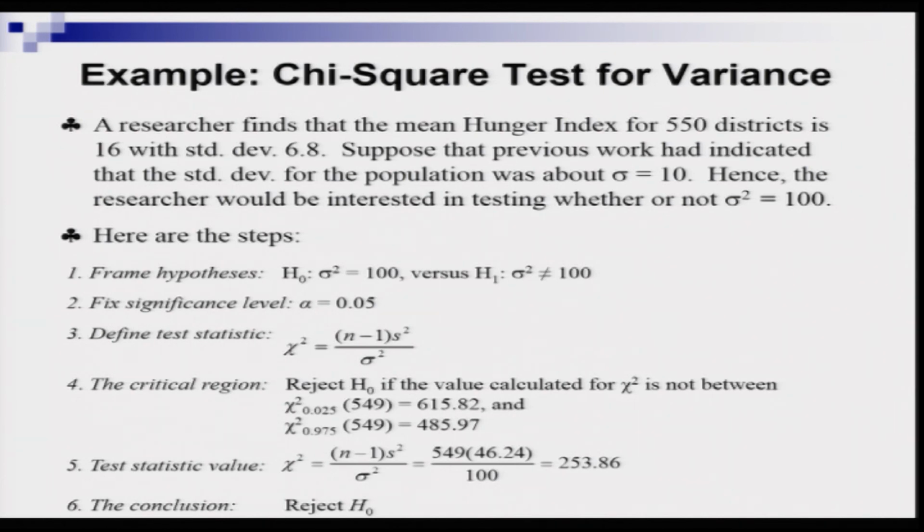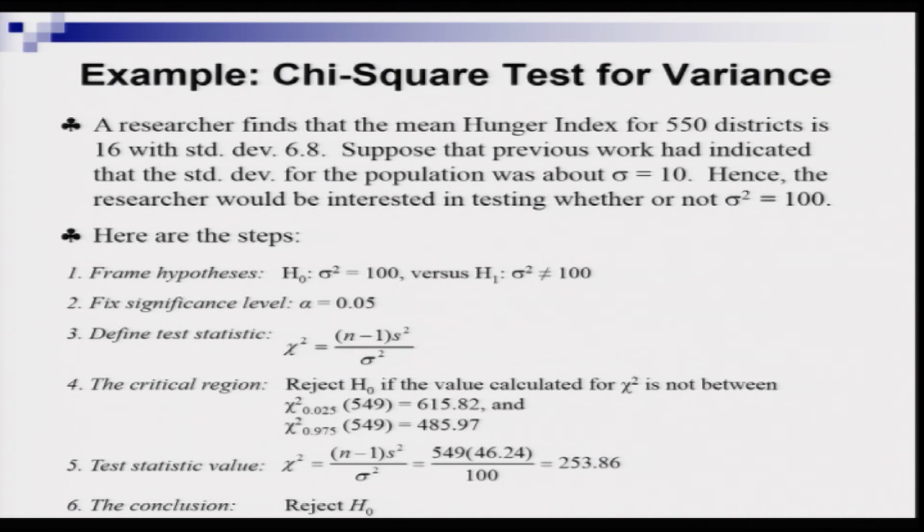So, sigma used to be 10 in some other study. Of course, the researcher is interested to know whether the standard deviation has indeed gone down or not, or is it just by chance he has got 6.8, but actually it is still 10. So, the researcher would be interested in testing whether or not sigma square is equal to 100.